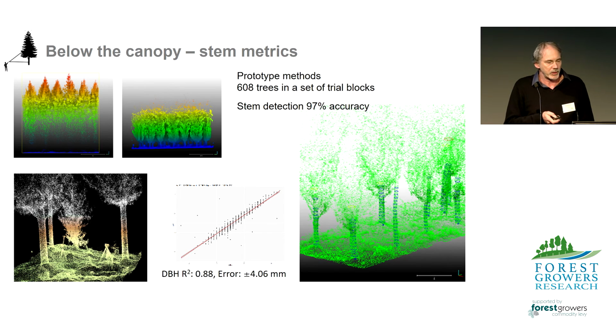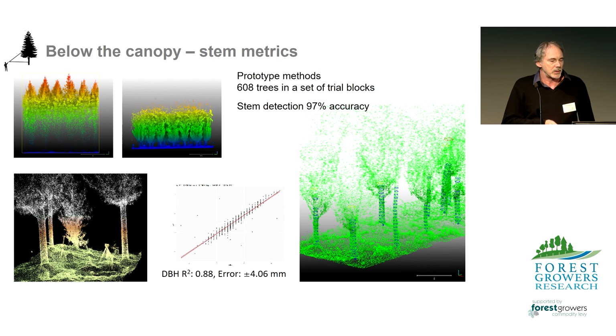With some prototype methods that we're starting to develop to detect and characterise trees from these extremely dense point clouds, we worked in a trial. It's the Glengarry trial that John Moore spoke about this morning on his big table of what was measured where. This was the one that had the UAV and terrestrial LiDAR component, as well as all the other measures. We were able, across a set of 600 trees, to demonstrate 97% accuracy in detecting trees.